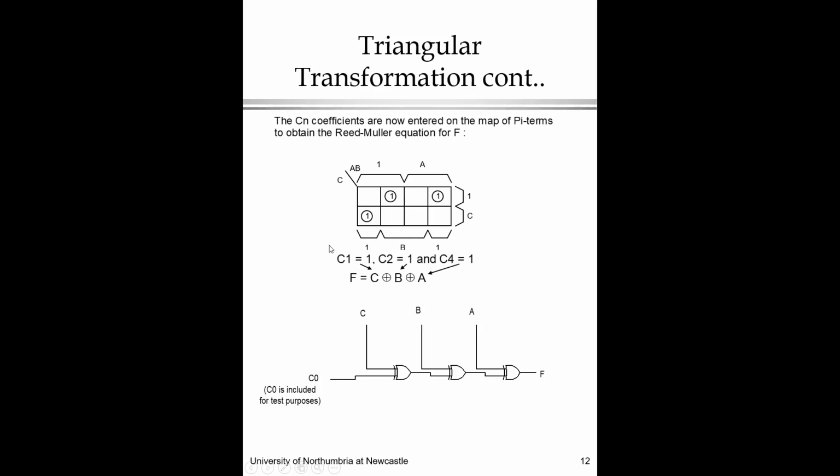Now that we have got the output coefficients, C1, C2, and C4 is 1. Okay? You can work it out on the map by labeling it, or another easier way of doing this without using the map is to directly look at the coefficient by itself.